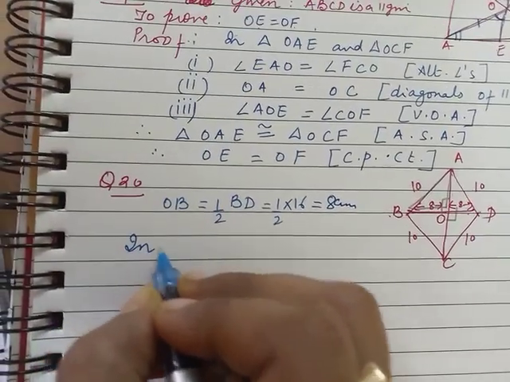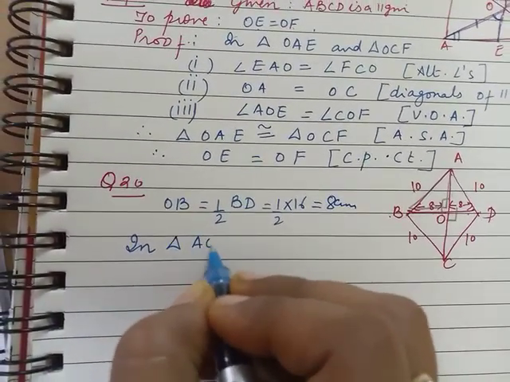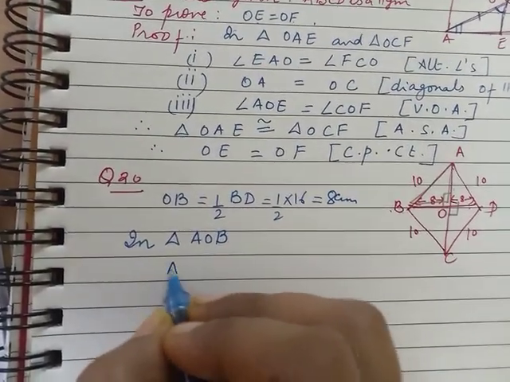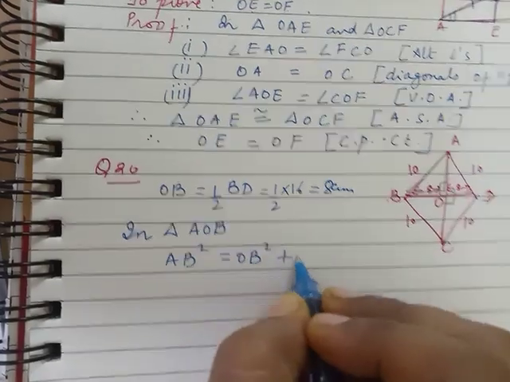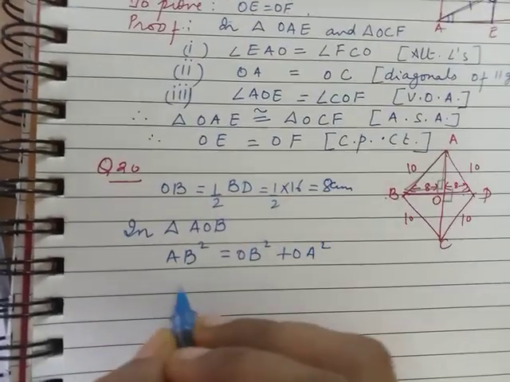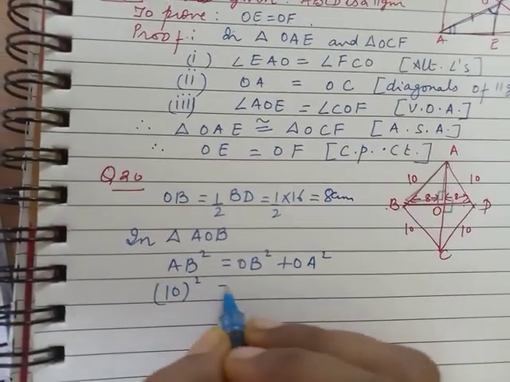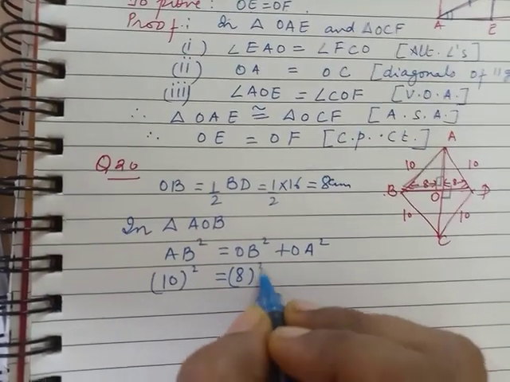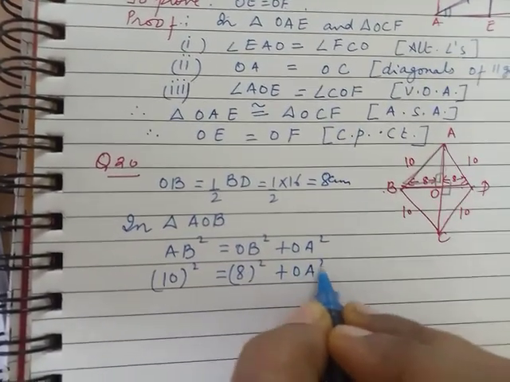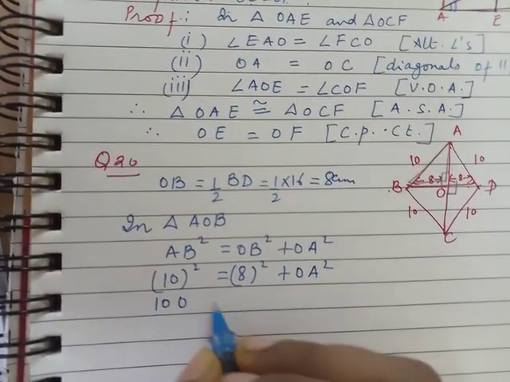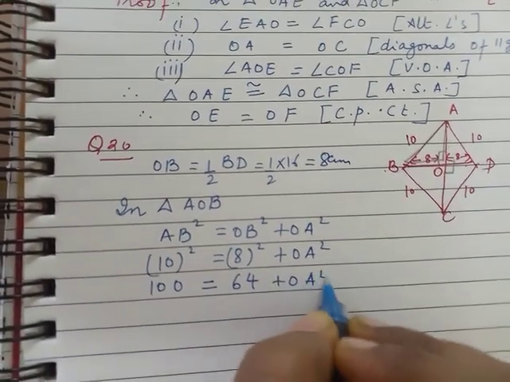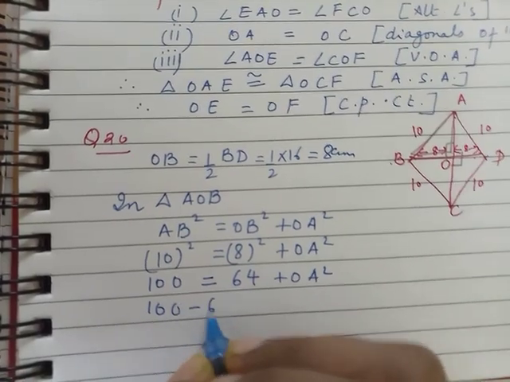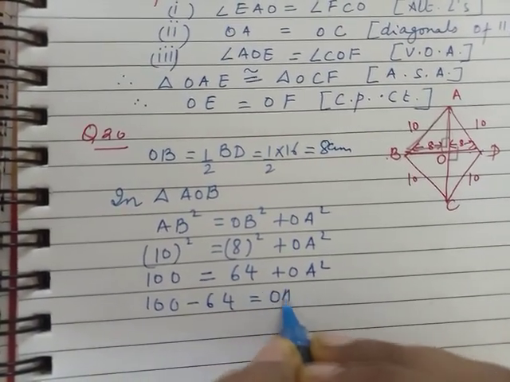Now which triangle am I going to consider? Triangle AOB. AB square is equal to OB square plus OA square. AB square, that is 10 squared. OB is 8 squared and we calculate OA square. This is 100 is equal to 64 plus OA square. So 100 minus 64 is equal to OA square.